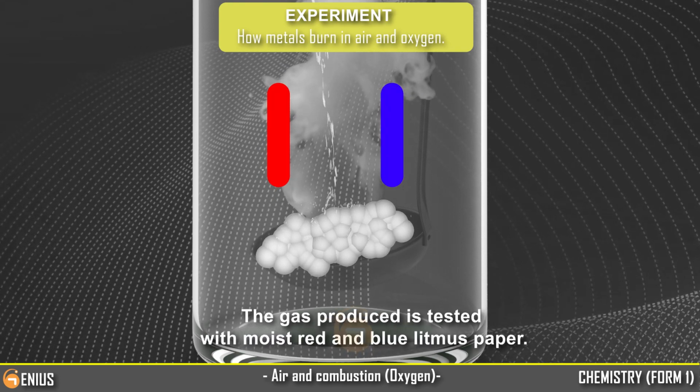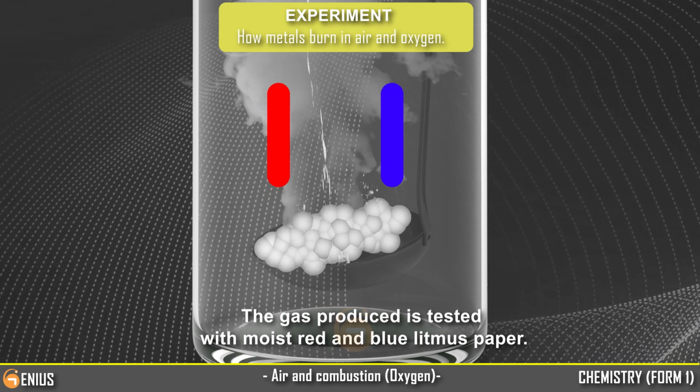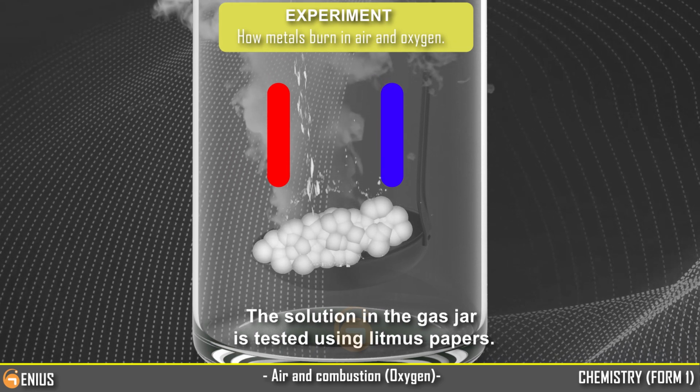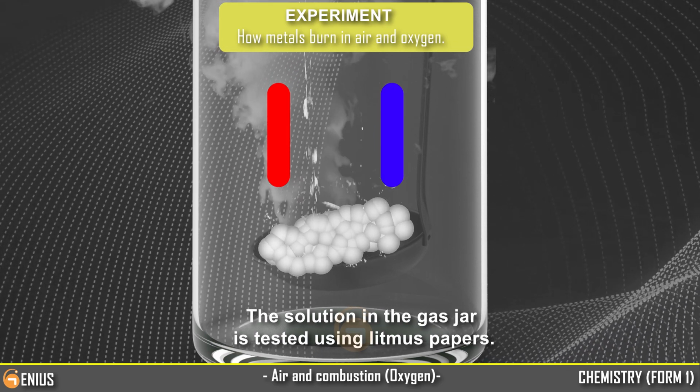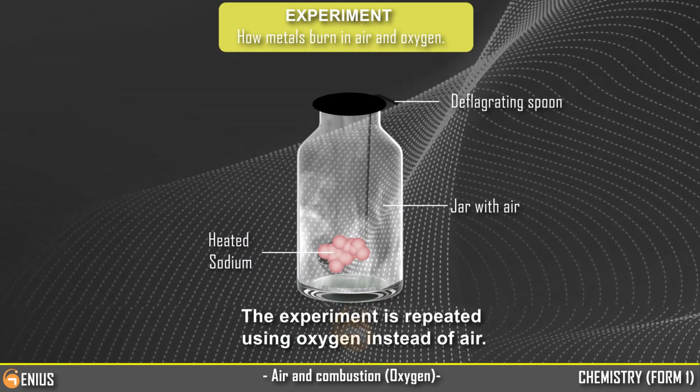The gas produced is tested with moist red and blue litmus paper. The solution in the gas jar is tested using litmus papers. The experiment is repeated using oxygen instead of air.